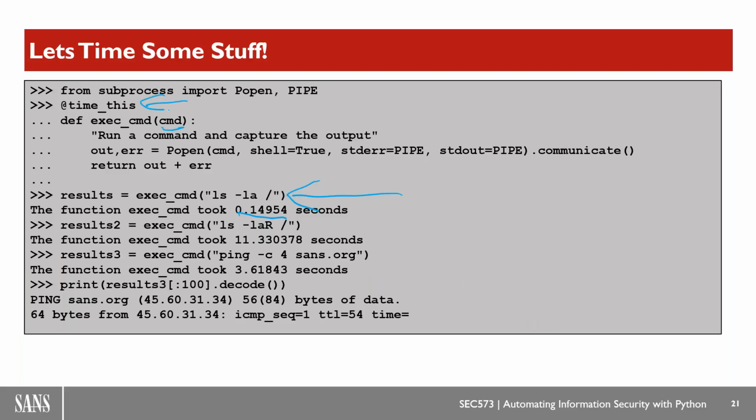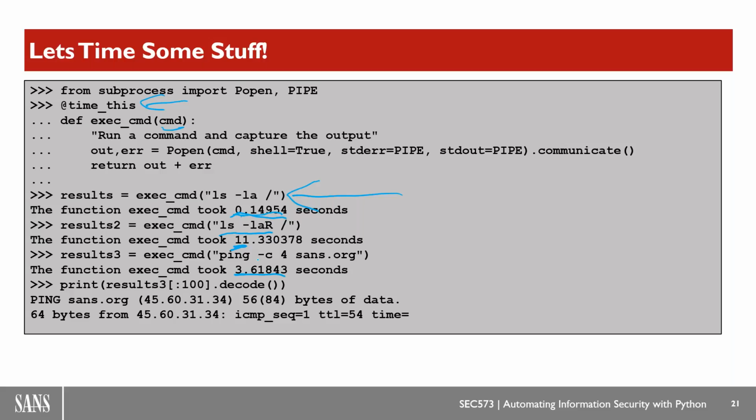Well, let's run a couple of different things through this exec command. You can see that an ls -la of the root directory executes pretty quickly. An ls -lAR, telling it to recursively go through the entire file system, takes considerably longer than the first one. And if I do a ping with a count of 4 to sans.org, that took 3 seconds because there's about a 1 second delay between each of the pings.